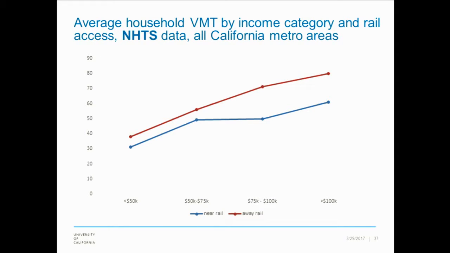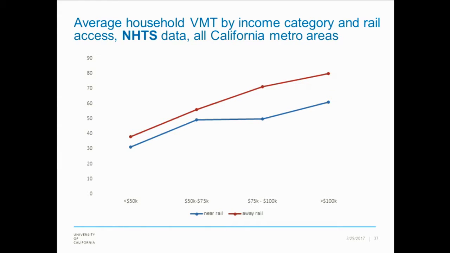And that reduction varies depending on income. So at the lowest level of income shown in this slide, which is less than $50,000 per year per household, the reduction in VMT associated with being near a rail station is somewhere around 8 miles per day.